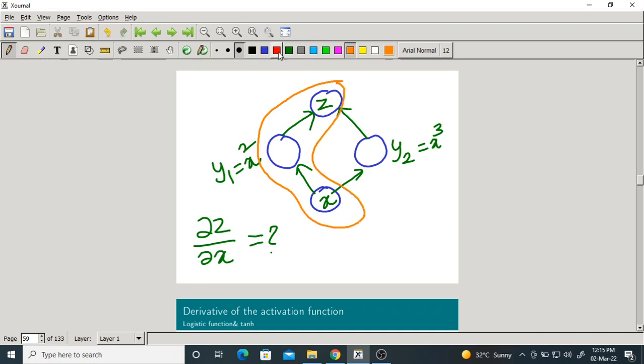plus this path, and the remaining part is like this. So what do you write?